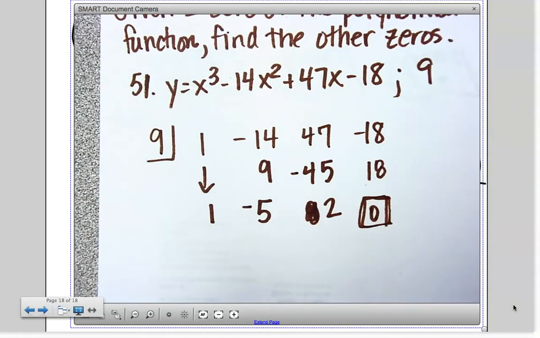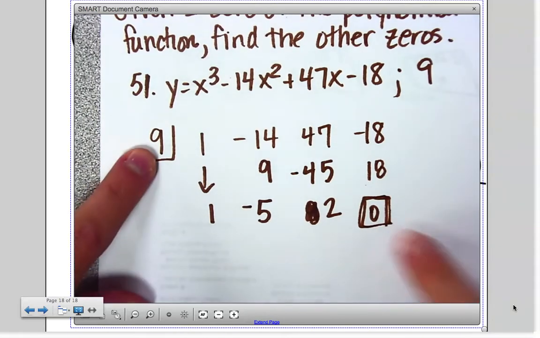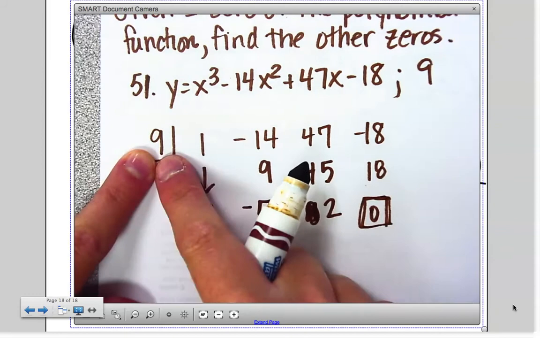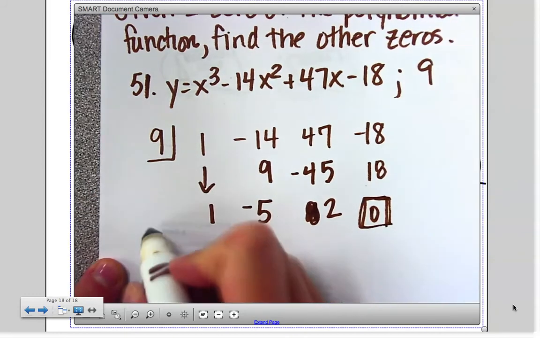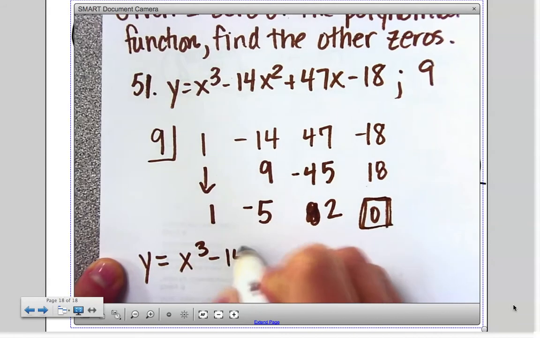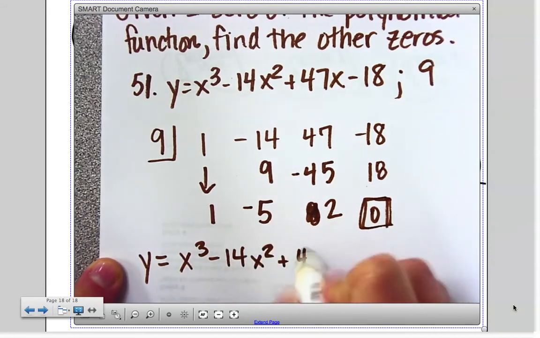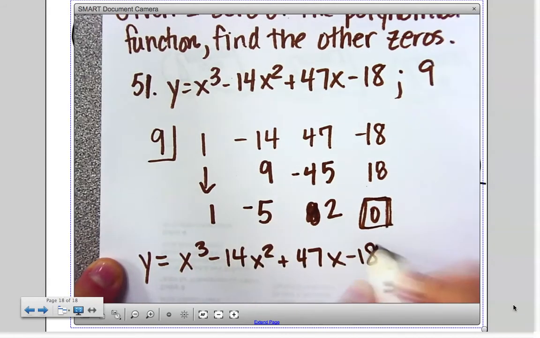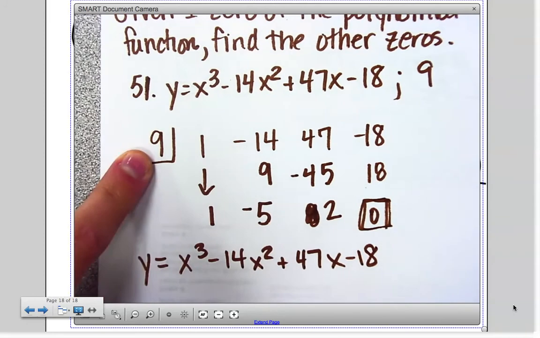So this means a couple of things. One, I already knew that this was going to be 0 because it told me 9 was an x-intercept. Since 9 is an x-intercept, if I rewrote this in a different way, then x minus 9 would be a factor of that polynomial function.